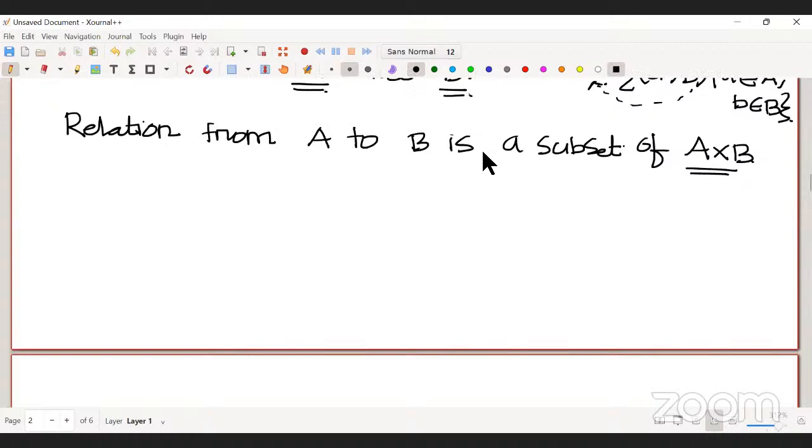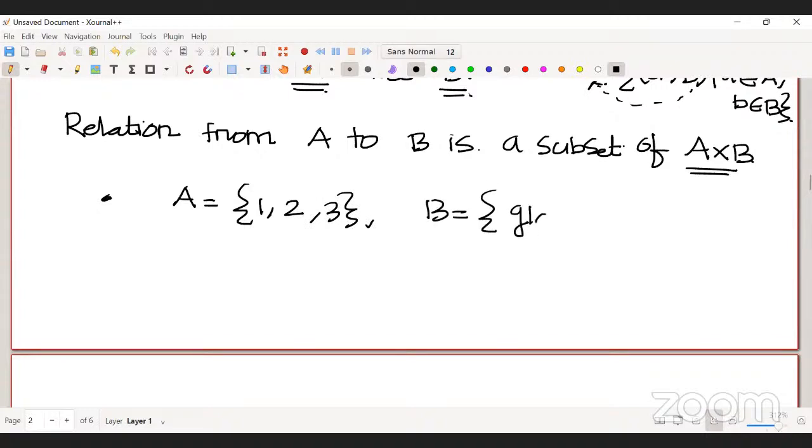Okay, so suppose A is {1, 2, 3} and B is the set {glass, pen}.